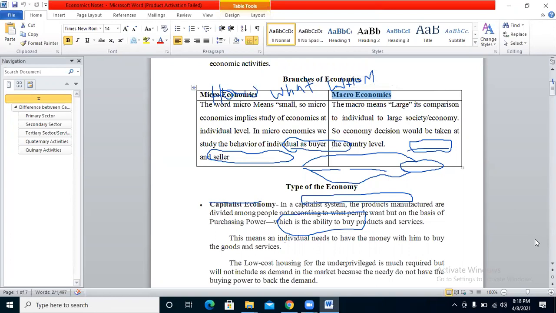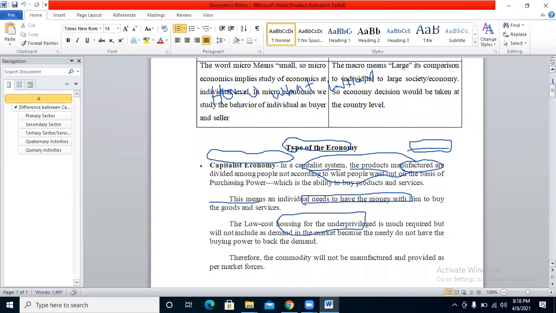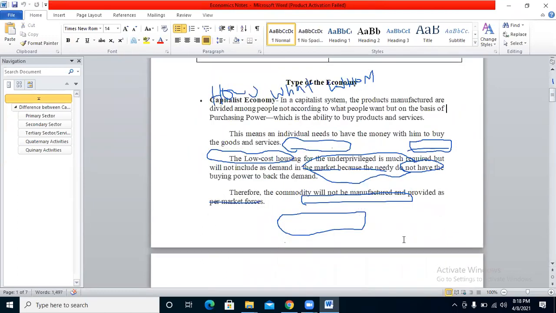Now, next we have to discuss the types of economies. In the last class, I gave some brief idea about what types of economy exist across the entire globe.